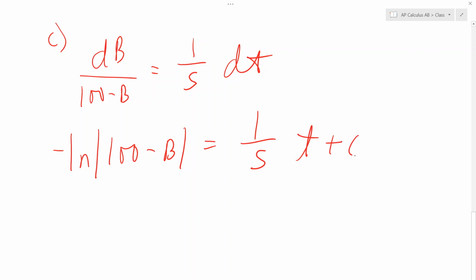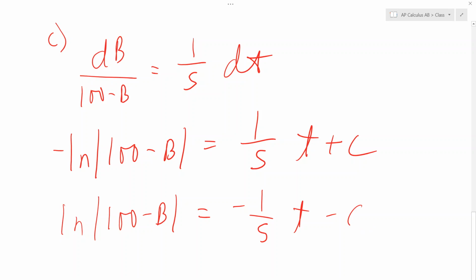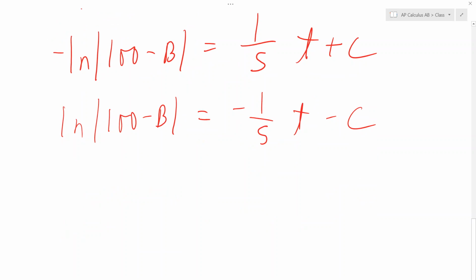You get that integral, okay? You can do a u sub if you want. You can let u be 100 minus B, but you're going to end up with that. So we're going to divide by a negative. Negative 1/5 t, minus C. I want to find C, right?